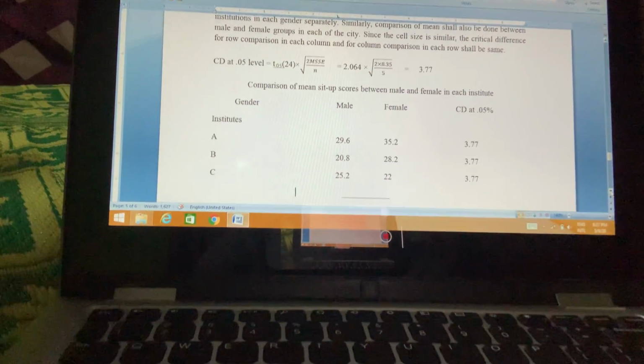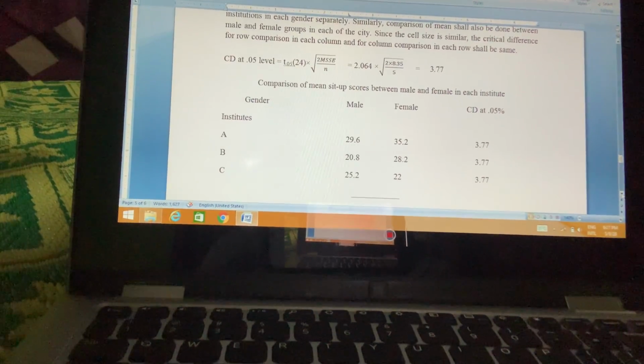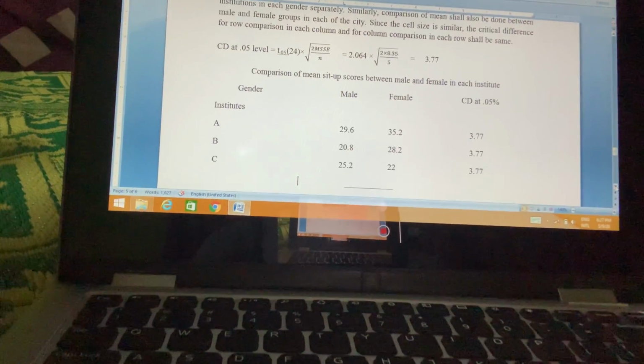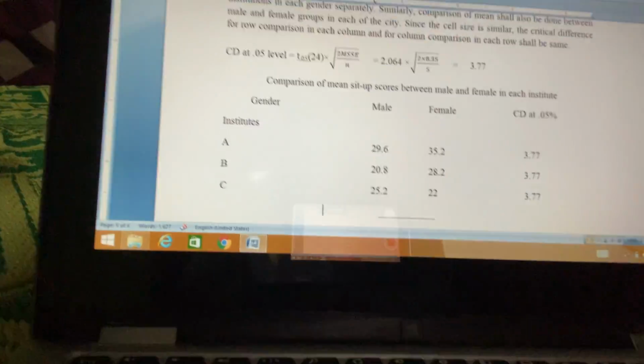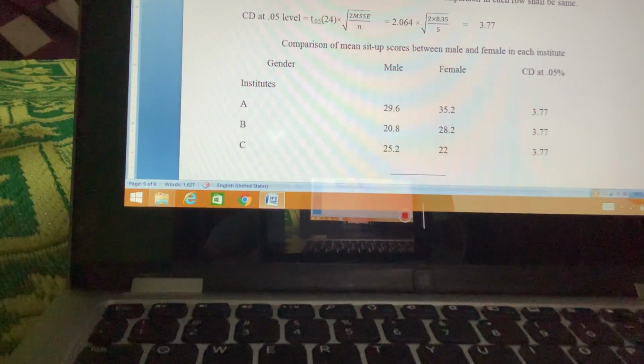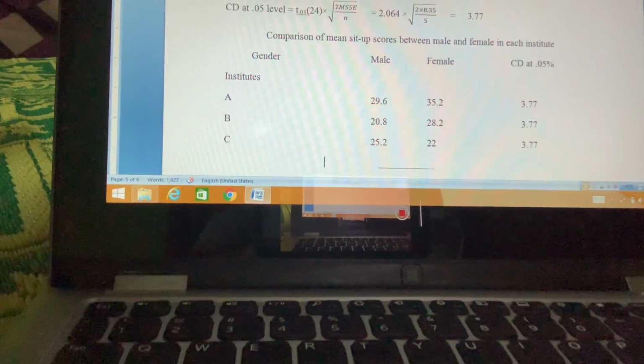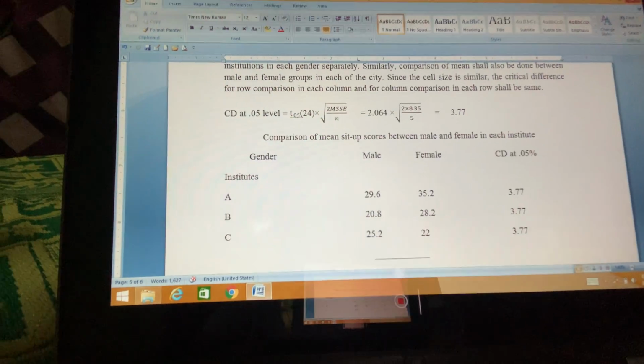So here what we find is that in the case of institution C, the difference between male and female is not significant, right, because the difference between male and female is less than 3.37.